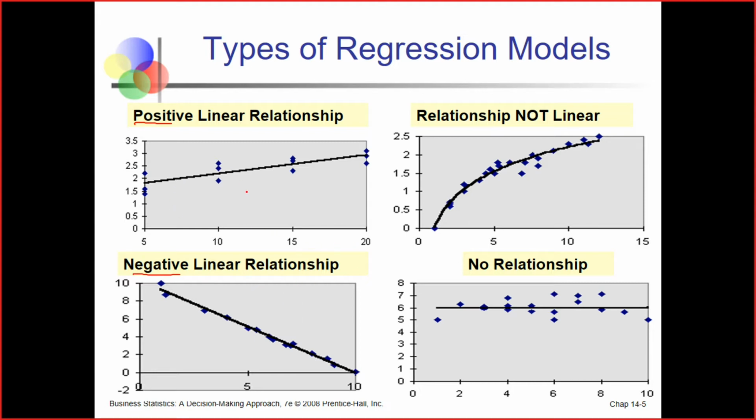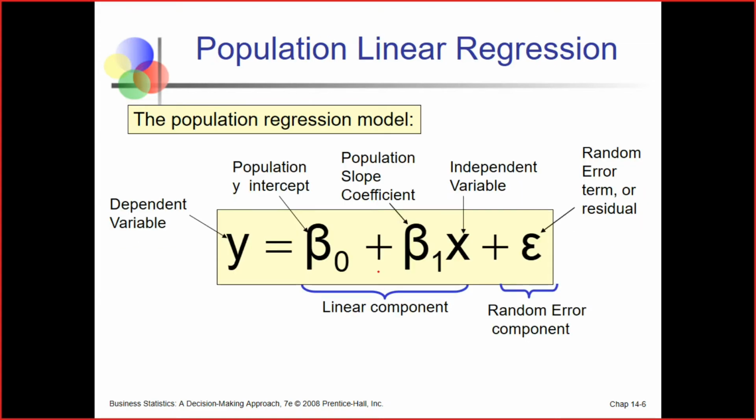So here we have both strong and weak, positive and negative. But instead of a line, if we get a curve, we call it non-linear or curvilinear. So we'll study here only the linear relationship. And if we get a horizontal line, we say no correlation.